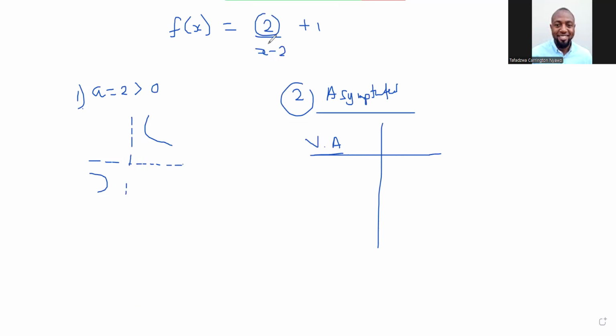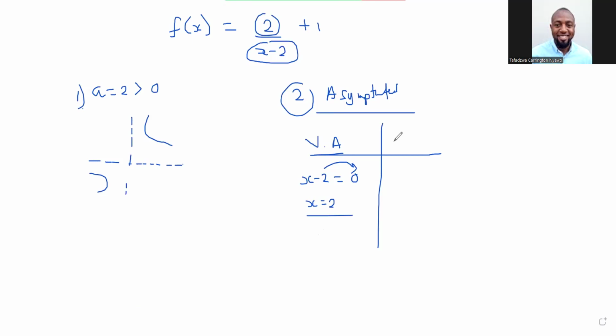Remember I said this x minus 2 will give me the vertical asymptote. So I take it as it is, x minus 2, and equate it to 0. Then I take the 2 to the other side. Therefore, x is equal to 2. So x is equal to 2 is my vertical asymptote.